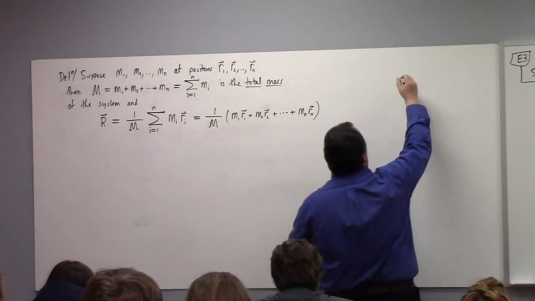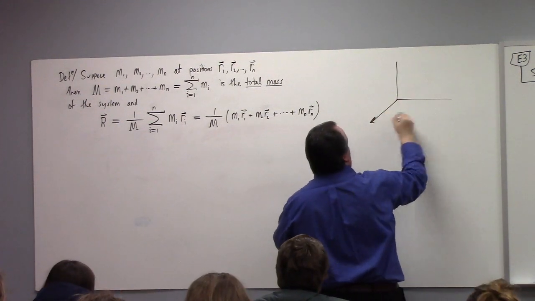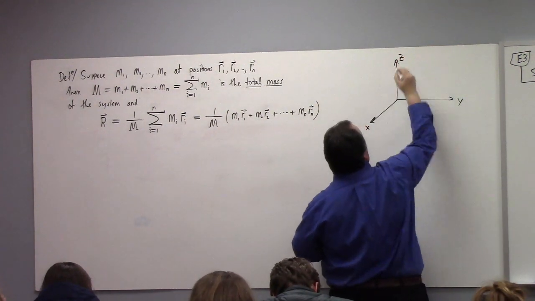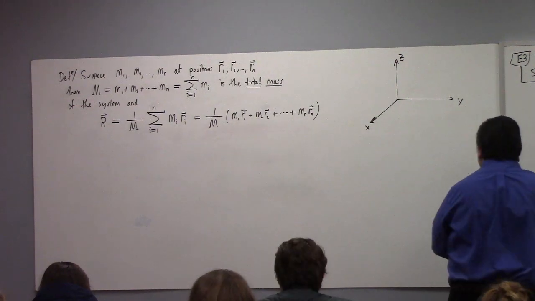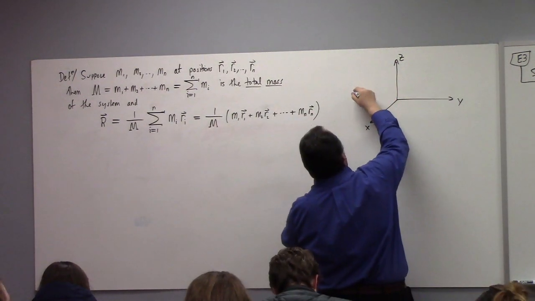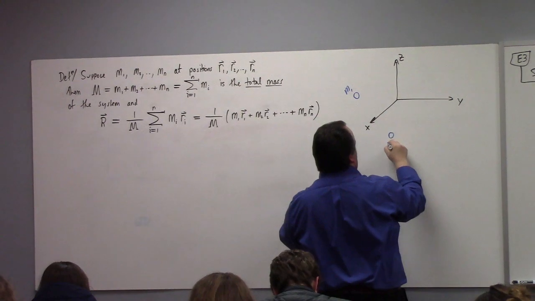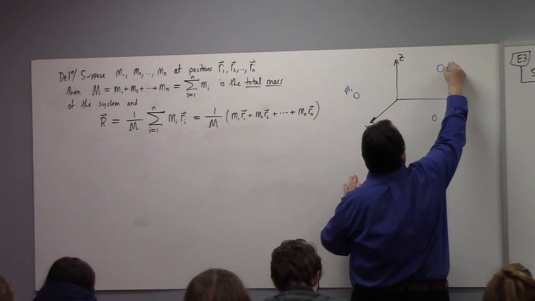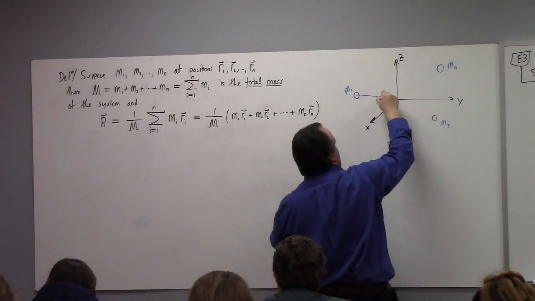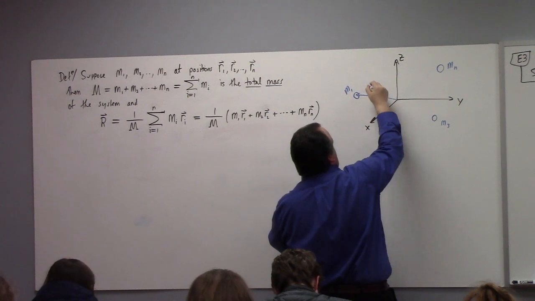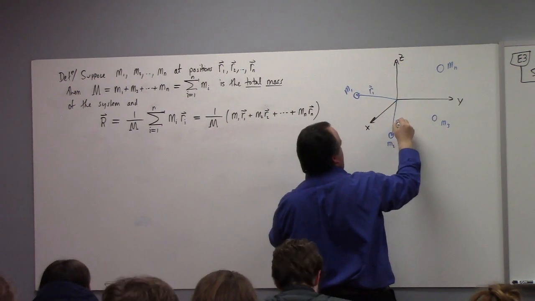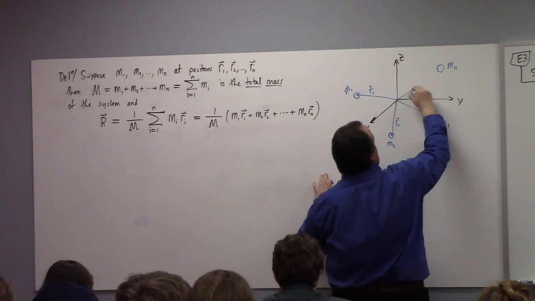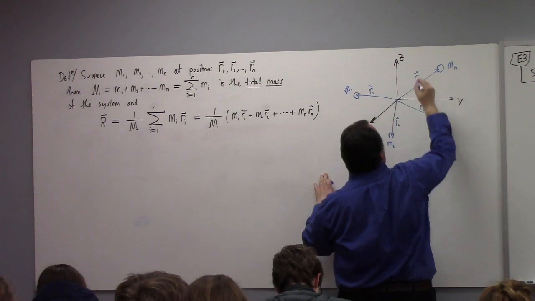So if I was to draw a picture, we're talking about masses. I don't know where they are. They're out here or over here. Here's the nth one. So that's R1's position vector. Here's the R2 position vector. Over here, R3 position vector. Over to this guy, the nth position vector.